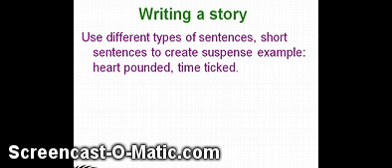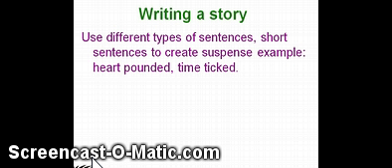In order to make a story really suspenseful, we need to track a few things, like using different types of sentences. We discussed before, we could use simple and short sentences, compound sentences, or complex sentences. Usually, in writing suspense stories, because the reader is most interested in the actions, we prefer using short sentences.